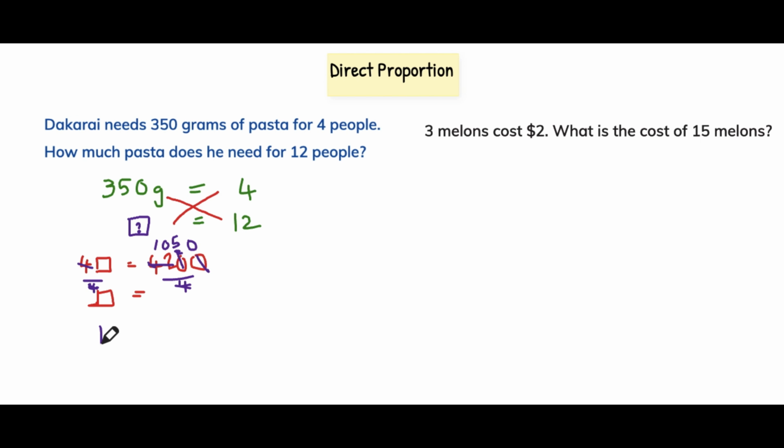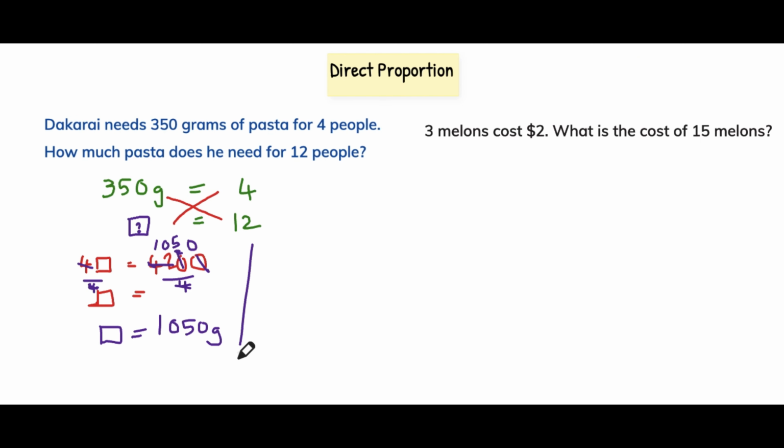That means block equals 1,050 grams. So for you to feed 12 people, you will need 1,050 grams of pasta.